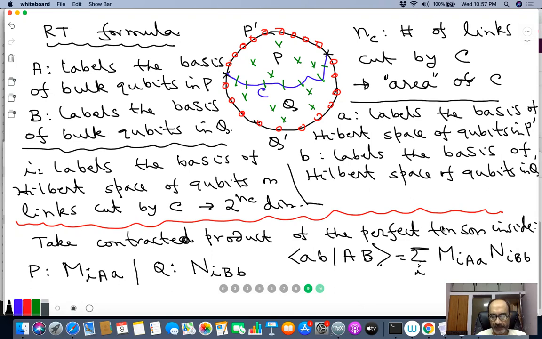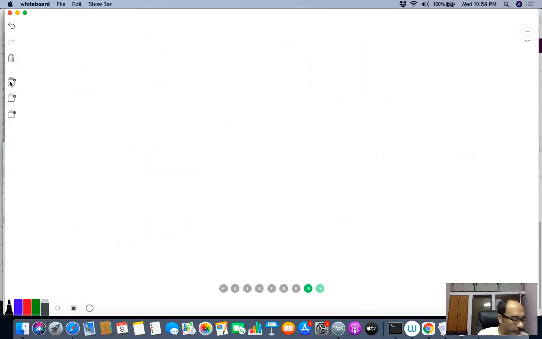So this is just a definition of this matrix. Okay, now we consider a bulk state that is factorized.